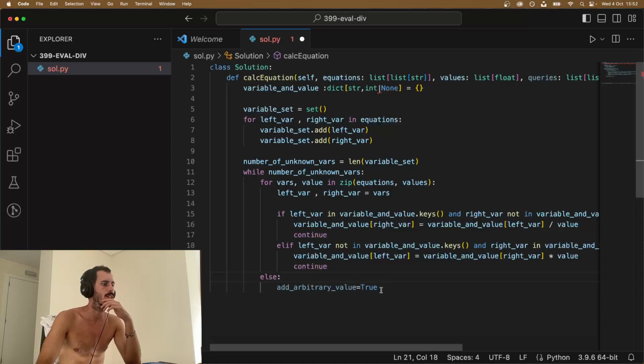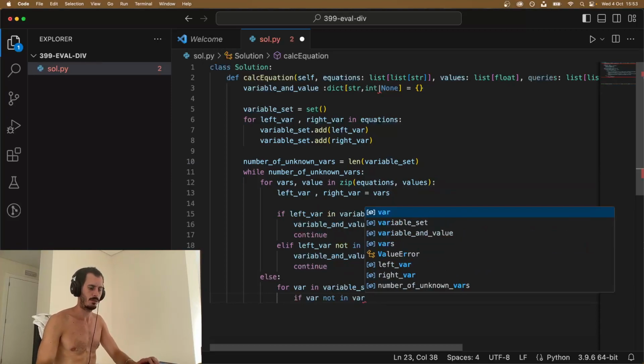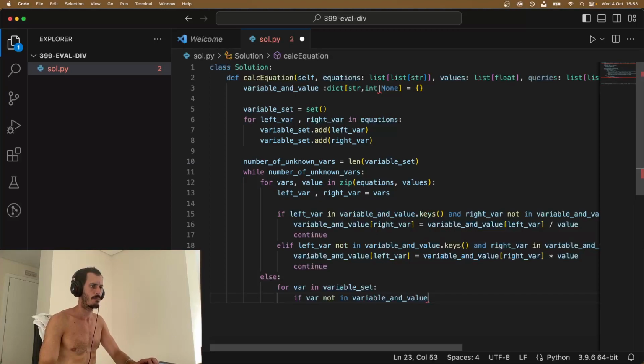Or I can just go and say for var in variable set, if var not in variables in value. Oh, so this is not int none. So if it's not here, then I'll just say variables in value of var equals, let's say 100, doesn't matter. And number of unknown vars minus equals 1, break.